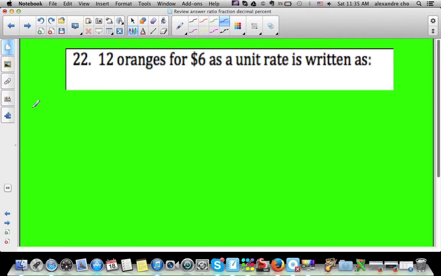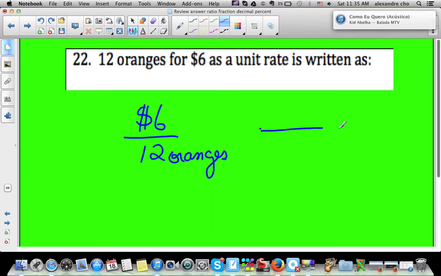12 oranges for $6 as a unit rate. Money, I like to put money on top. Makes life, I think, easier to see. So 12 oranges. How do I write that as a unit rate? To change that to a unit rate means we're comparing it to one item. So instead of 12 oranges, I want to know what the price is for 1 orange.